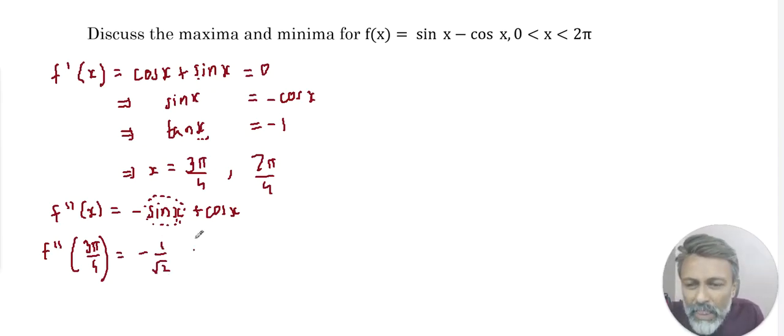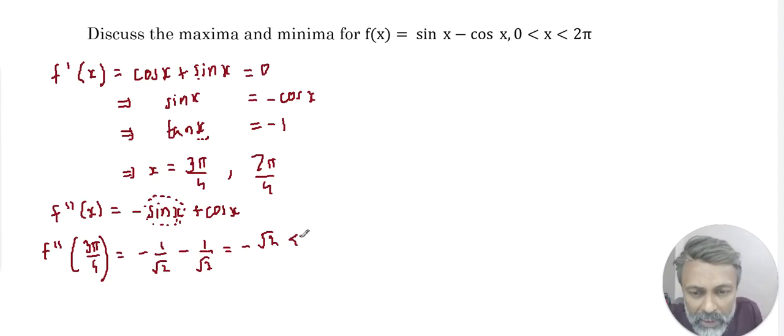There are other ways of allied angles to get this answer. We want to do it a little faster. Cos 3 pi by 4 is a second quadrant angle. Cos will yield a negative answer. Minus 1 by root 2. Minus 1 by root 2 minus 1 by root 2 on simplifying is minus root 2, which is less than 0.